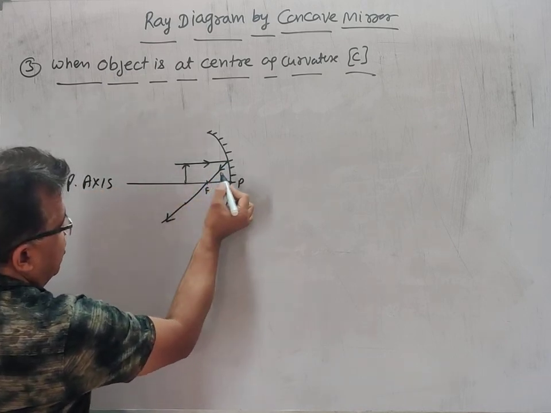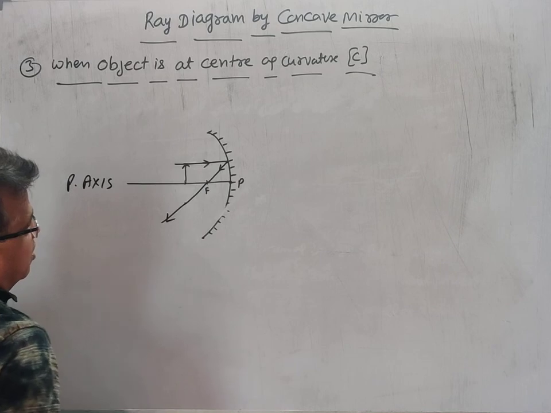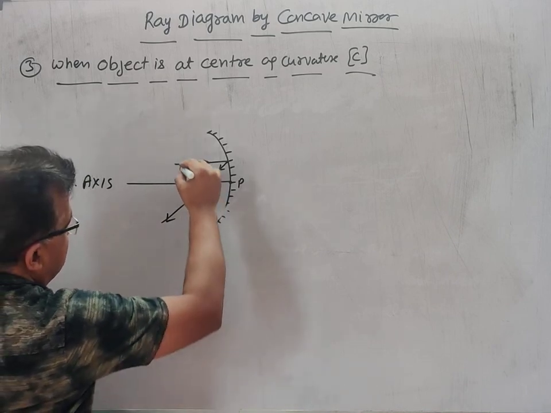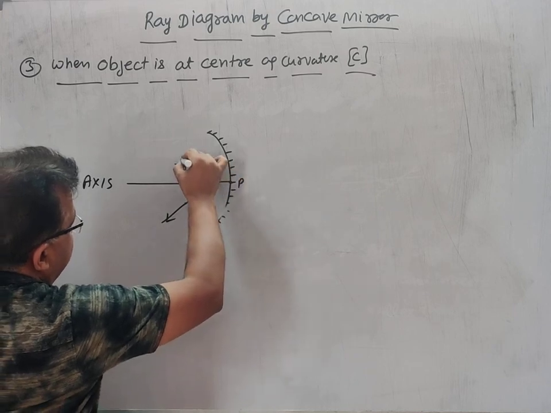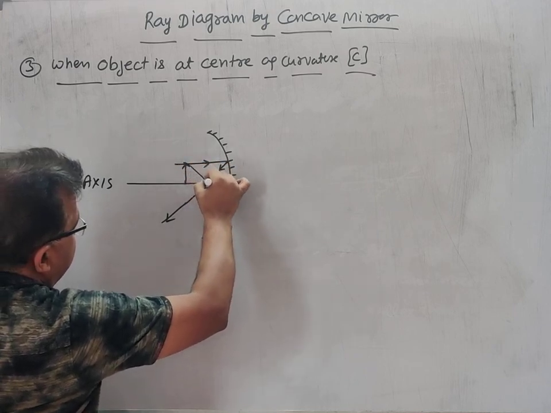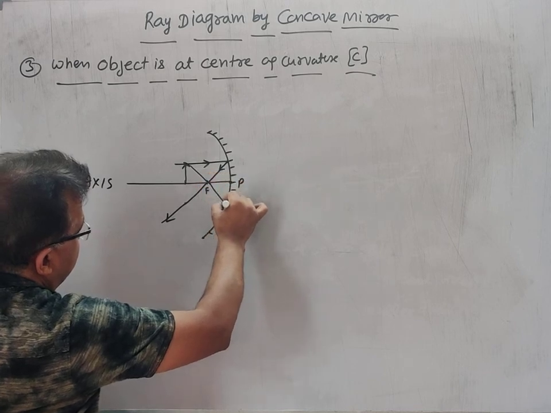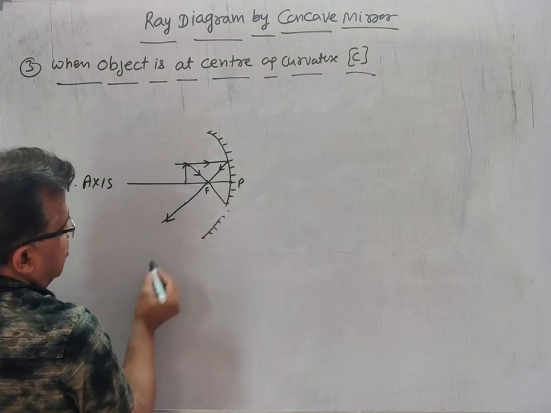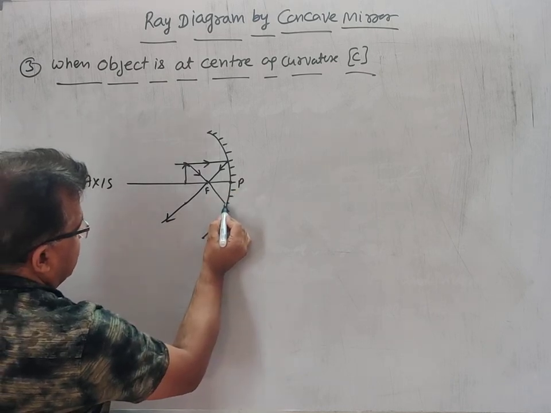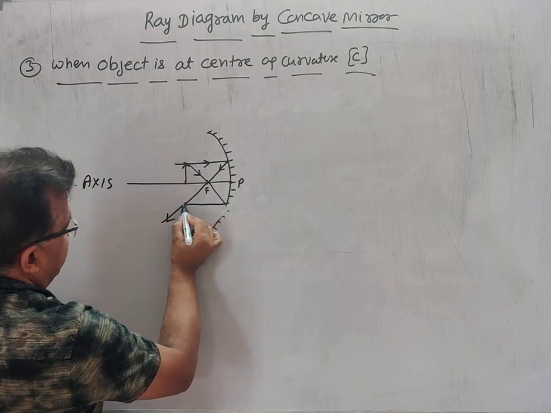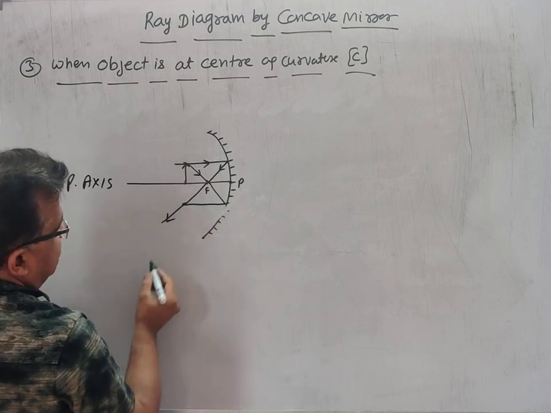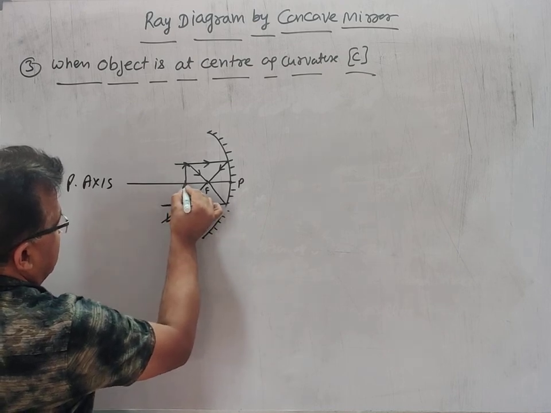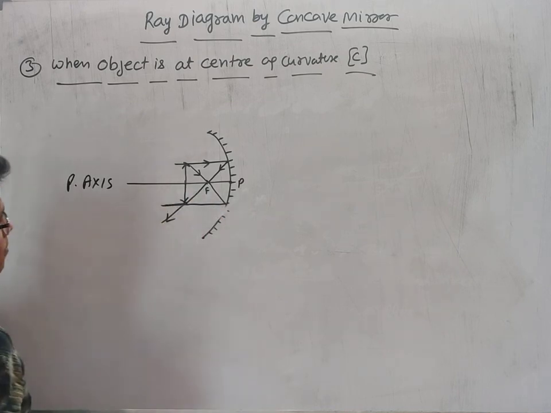The incident ray is parallel to the principal axis, and after reflection will pass through F. And second, we can show one passing through F. It is the incident ray passing through the principal focus. It will become parallel after reflection. So these rays are meeting here. Where these two rays meet, the image will be formed there.